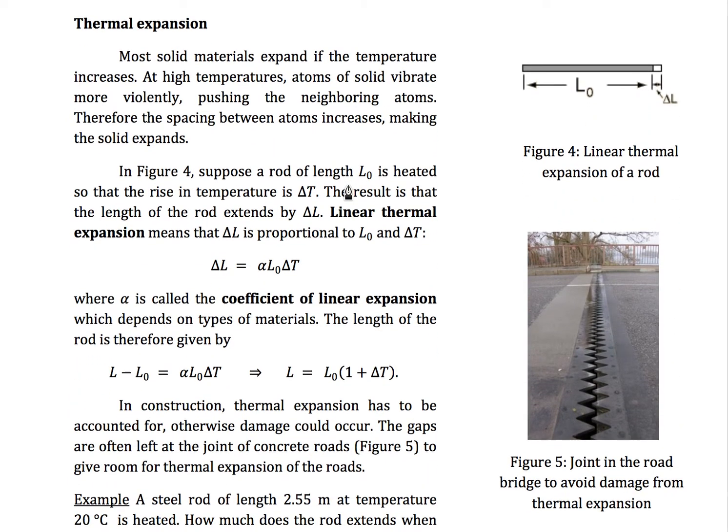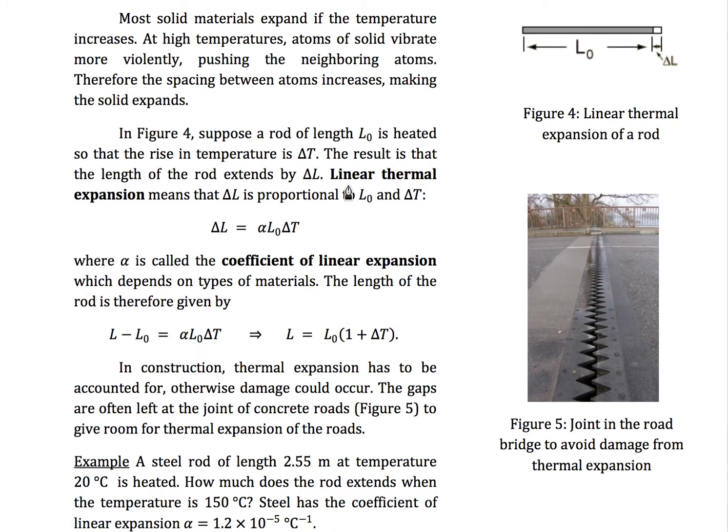Okay, and the next topic is about thermal expansion. The idea of thermal expansion is when you have a change in temperature delta T, your material will respond by changing its dimension or its length.